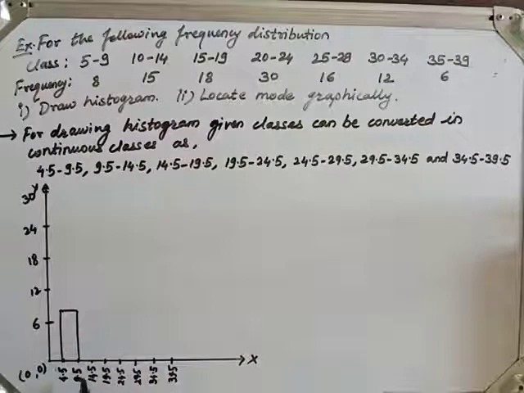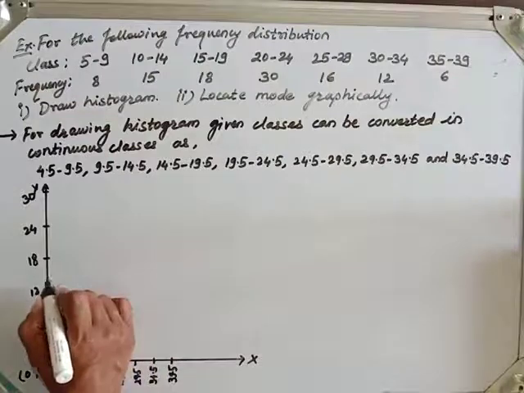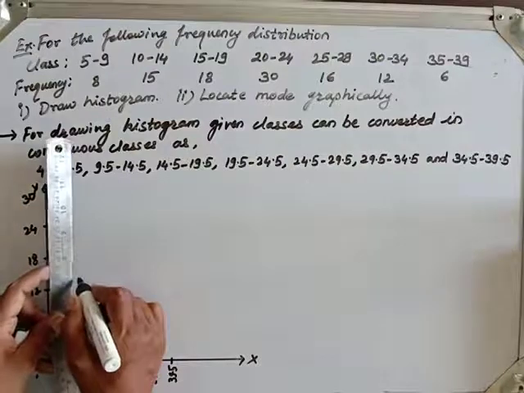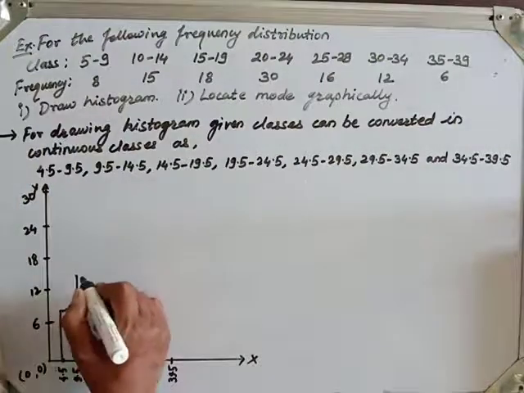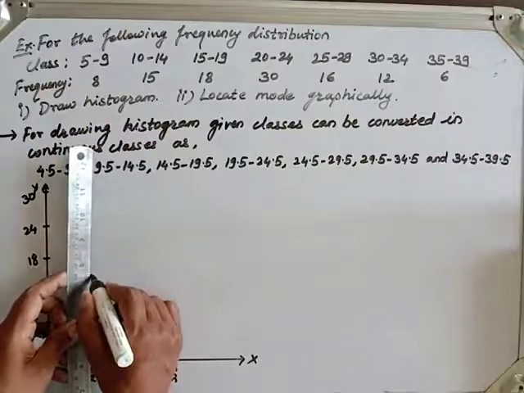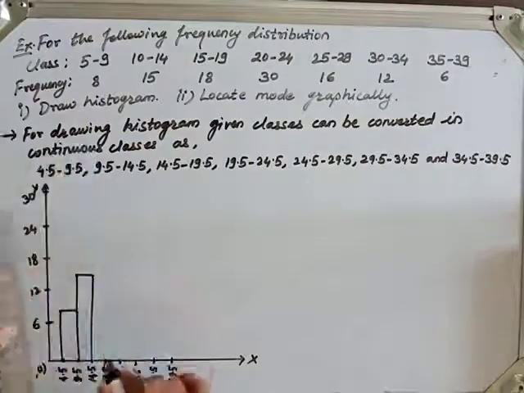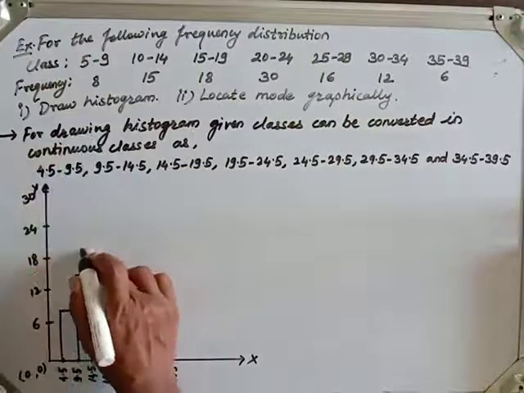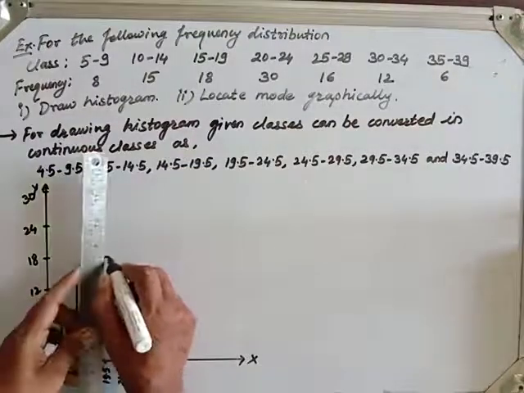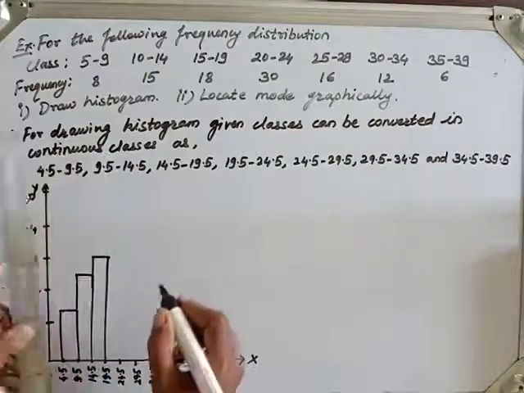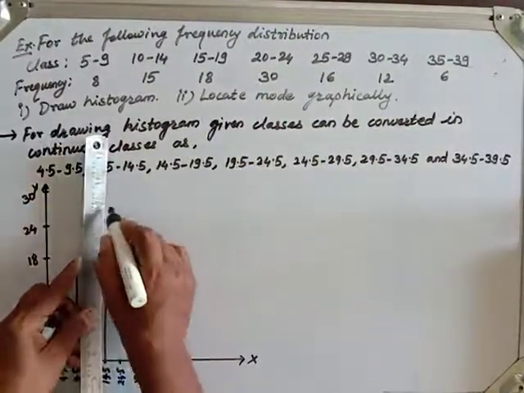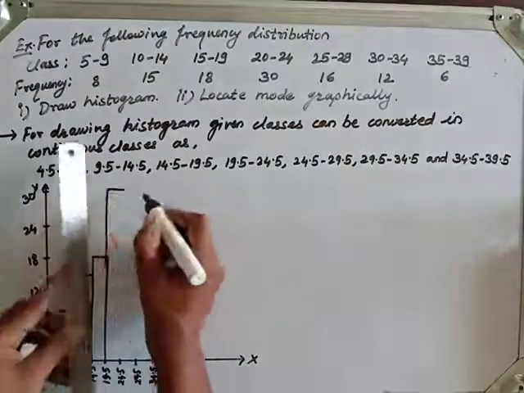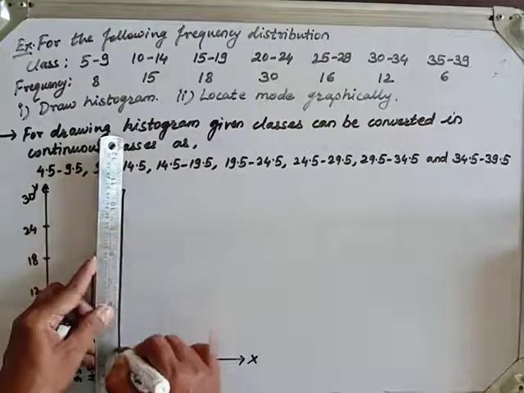Now for the next class the frequency is 15. So 12, 13, 14, 15, it is just the middle of this. So it will be as such. The next one has the frequency 18, so it will be here. Then 30 is the maximum, so this will be the highest bar.